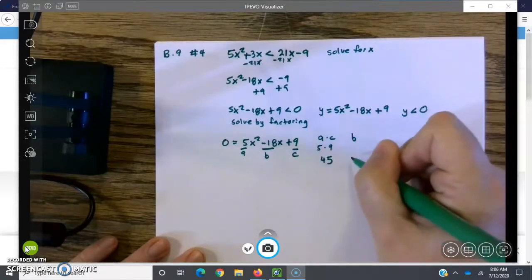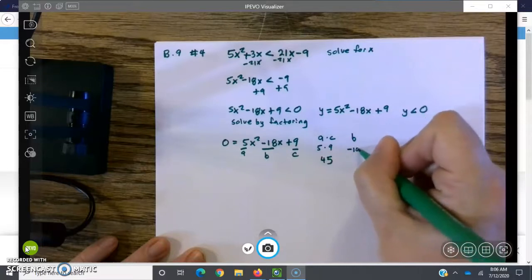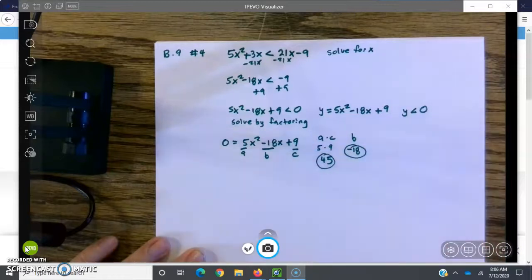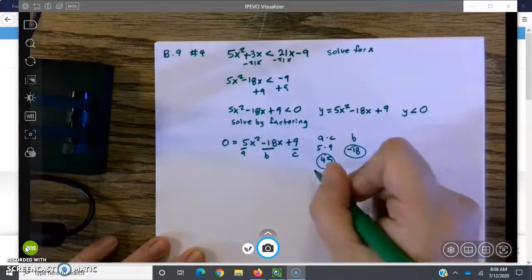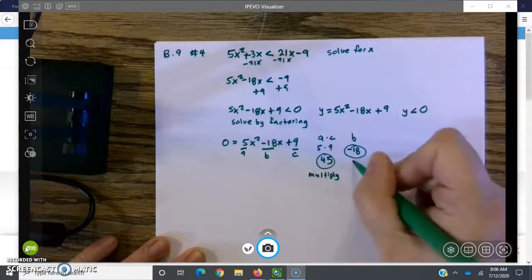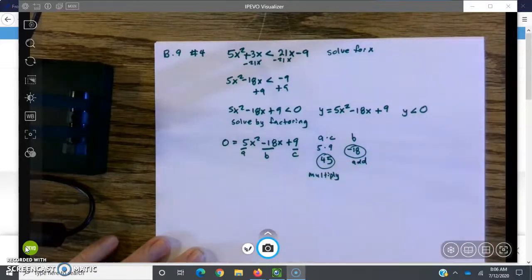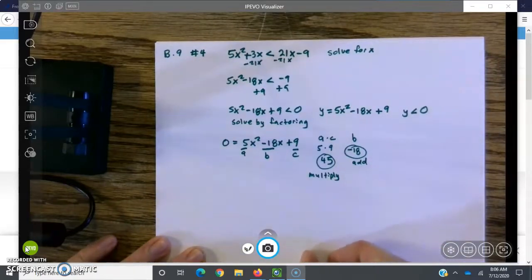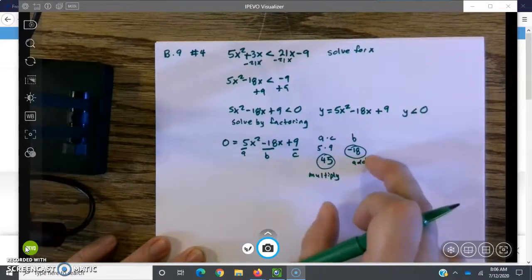And B is negative 18. So we need numbers that multiply to 45 and add to negative 18. And now we can start listing out things that multiply to 45 and start adding them up and see which ones give us negative 18.